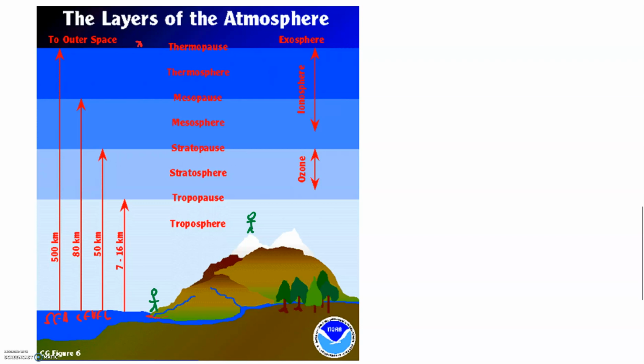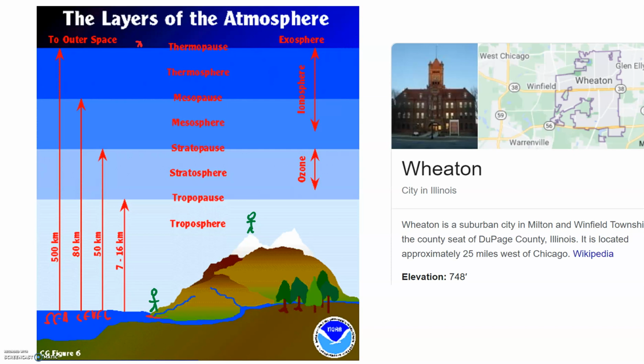And interesting, Wheaton is not quite at sea level. If we did a search on Wheaton, Illinois, we see that its elevation is 748 feet above sea level. So we're not quite at sea level. Go to California and you are. Go to Denver, Colorado, and you're a mile above sea level. But right here around Wheaton, we're pretty close to the surface.